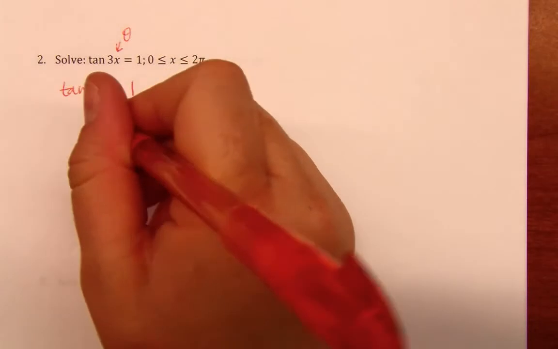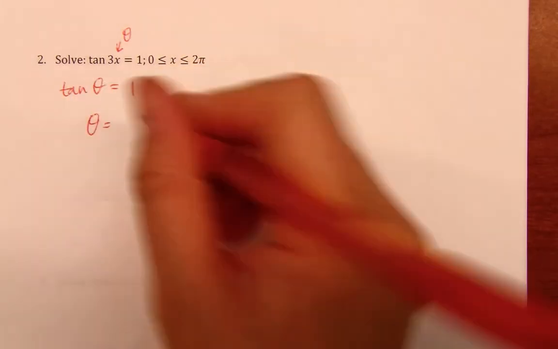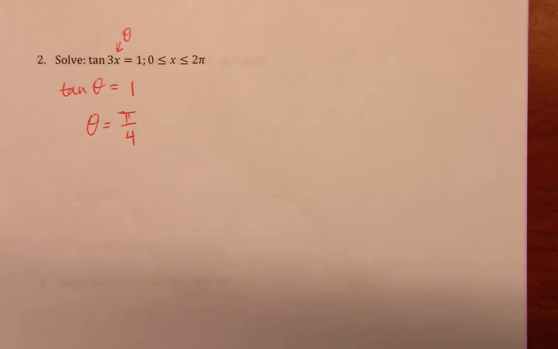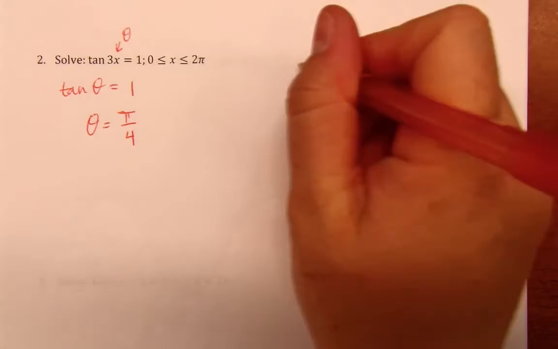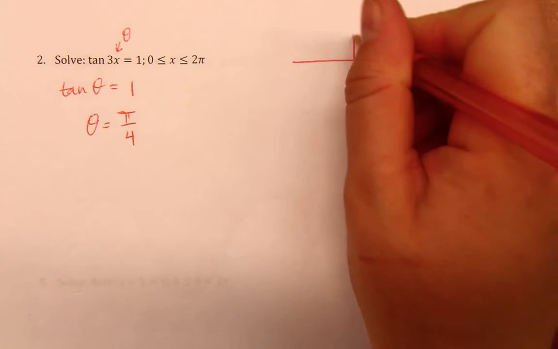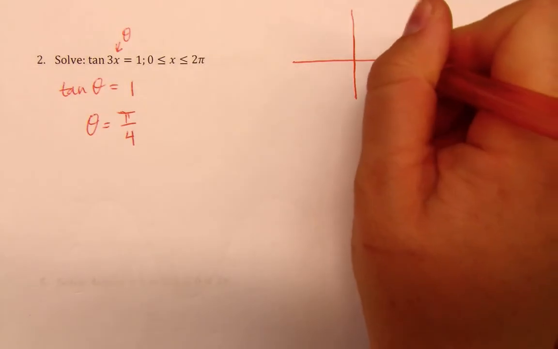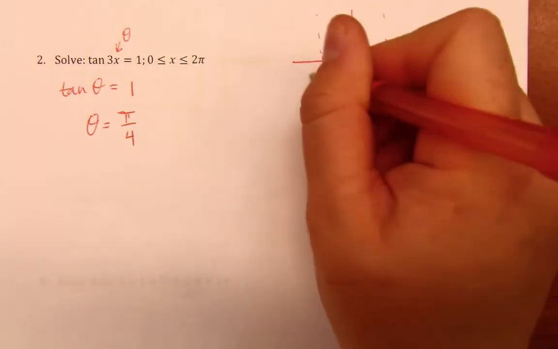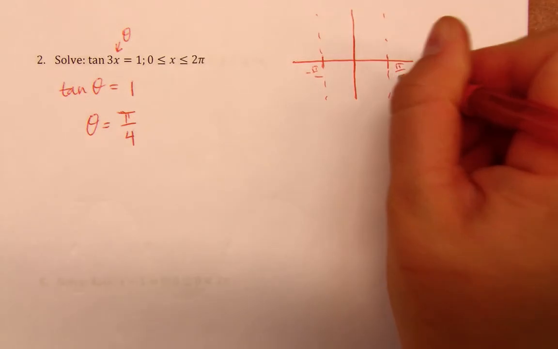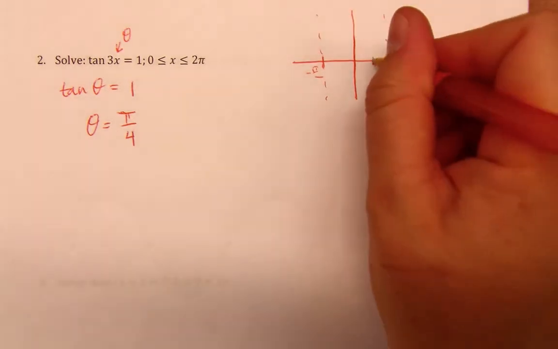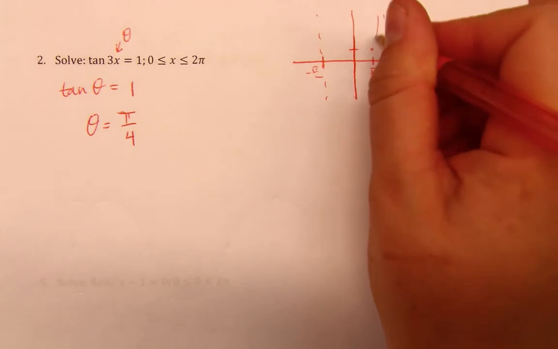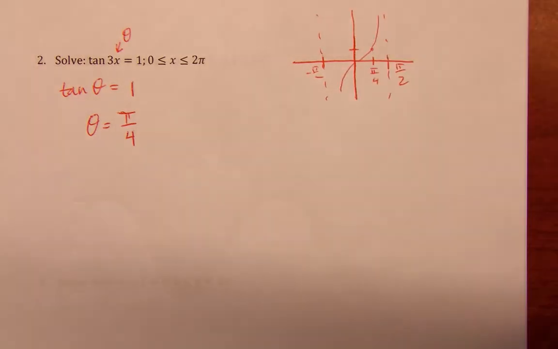Well, that happens on tangent's period when theta equals pi over 4. And on tangent's period, that's the only place. So if you picture tangent, this is the x-axis and y-axis, negative pi over 2 and pi over 2, and at pi over 4, it equals 1, and that's the only place it equals 1.